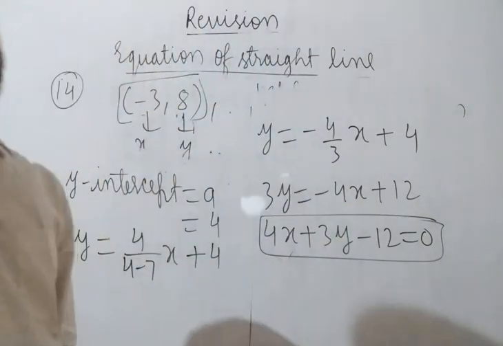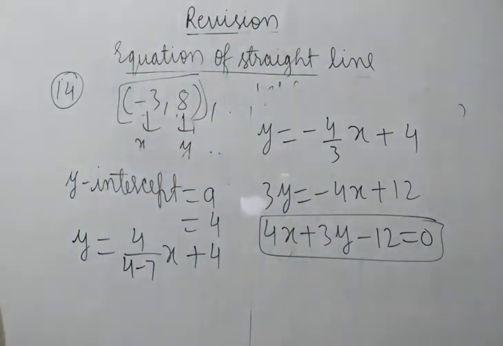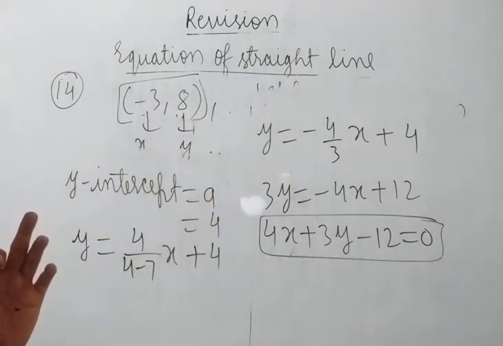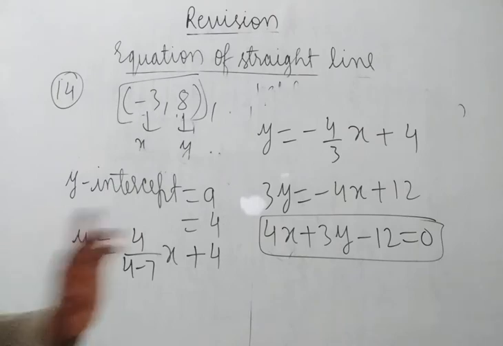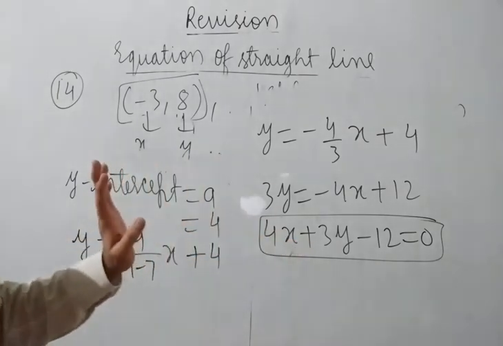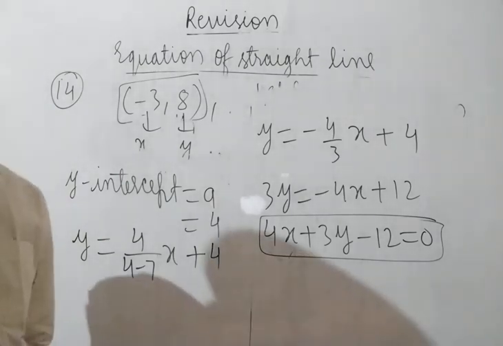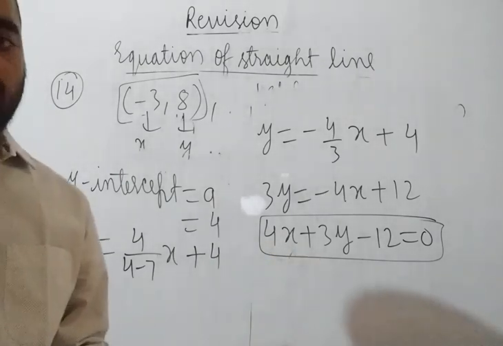This is the equation of the required line. Correct? 4 upon minus 3, that is minus 4 upon 3. So this was the revision part of the chapter equation of a straight line. Thank you.